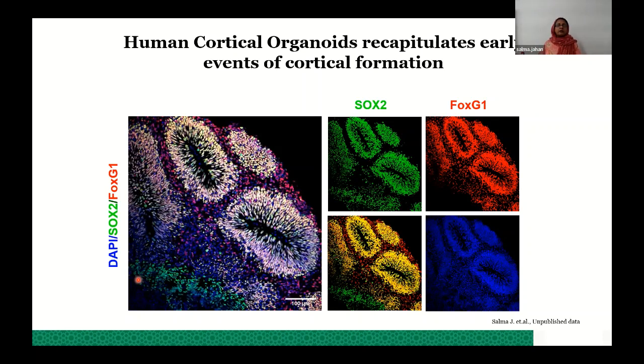I utilized one of the markers, FOXG1, and confirmed these cortical sections by confocal images, which showed high expression of FOXG1 together with SOX2, an early neural progenitor marker, confirming that our organoids are being induced in the right direction.